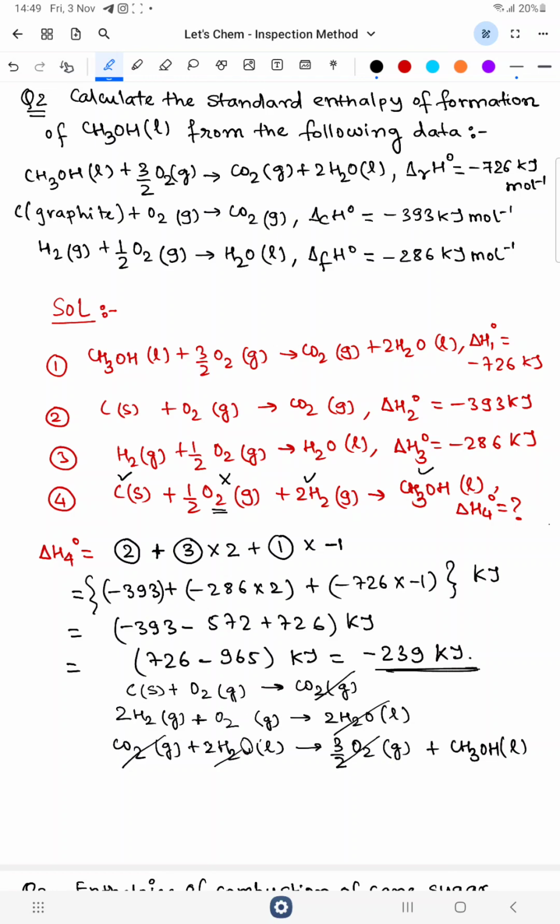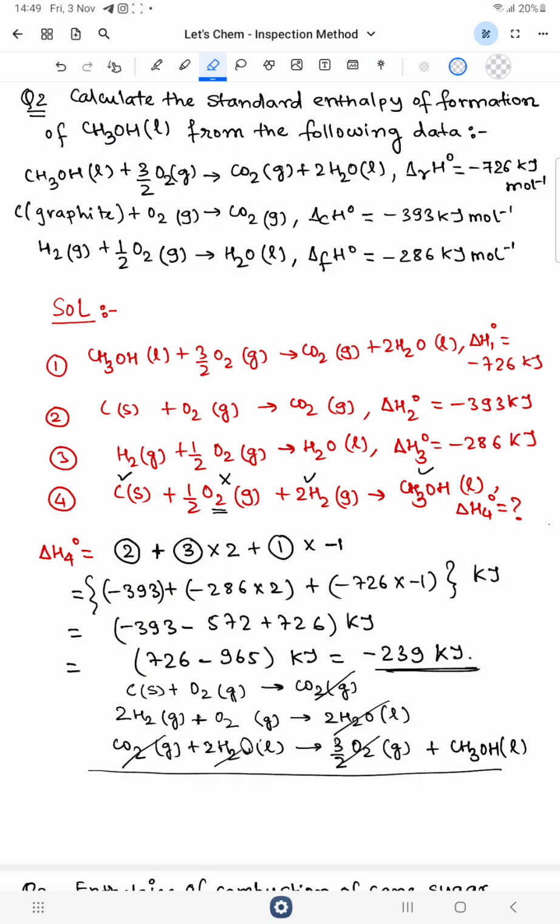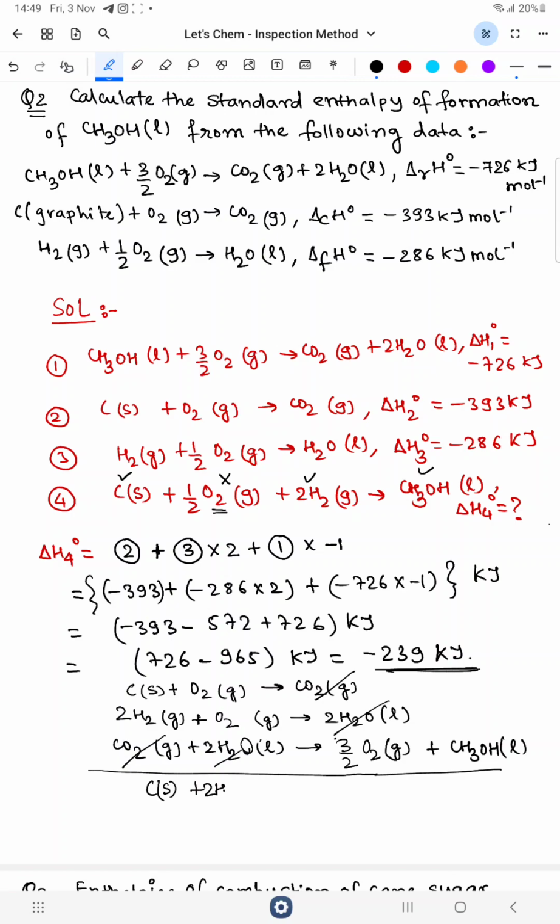Okay, now if you add it, what will you get here? I have cancelled off the terms which were coming as common on both the sides. So can I write from here? It is coming as carbon solid plus 2H2 gas.